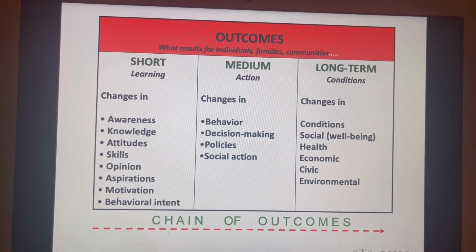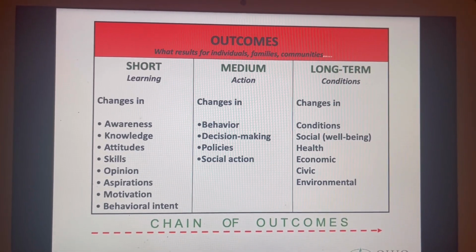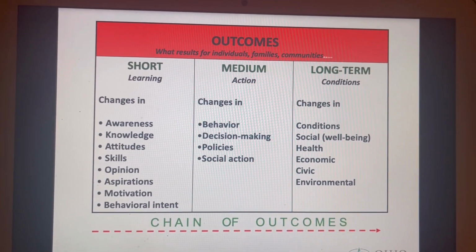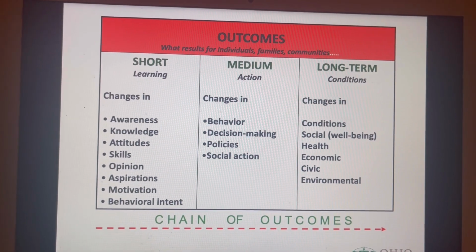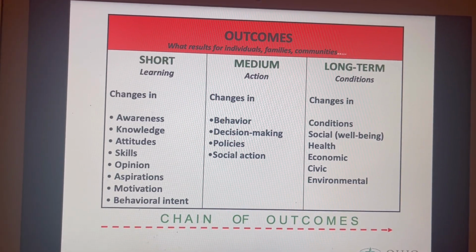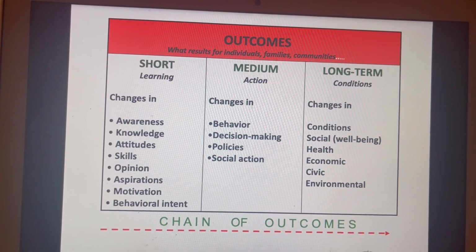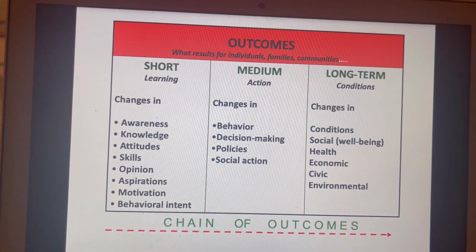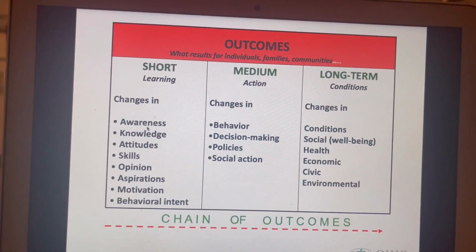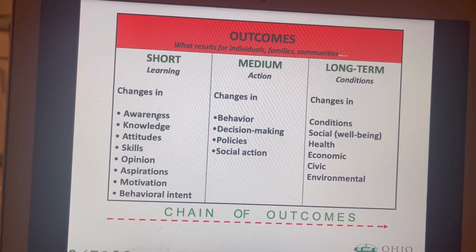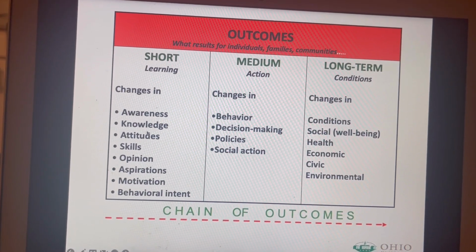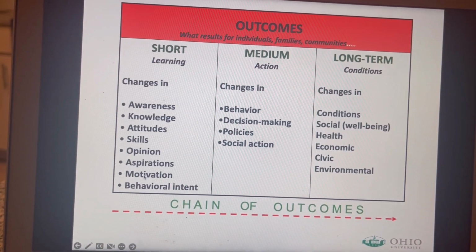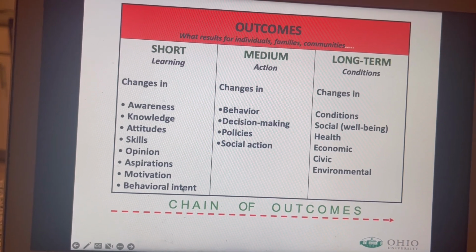So you're going to know how they did before you give them the educational intervention. Then after giving them the educational intervention, you take the posttest in order to evaluate their knowledge. So short-term outcomes are easily measured. With short-term outcomes, you can measure changes in awareness, knowledge, attitudes, skills, opinion, aspiration, motivation, and behavioral intent.